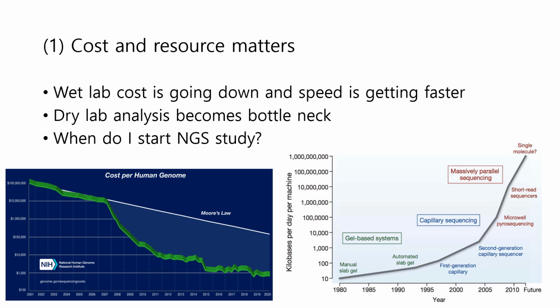First, NGS study is very cost-consuming, and we also need big resources. So cost and resource matters are among the biggest obstacles to performing NGS studies in neurological diseases. These days, the wet lab cost is going down, and its speed is getting faster. So dry lab analysis becomes a bottleneck.